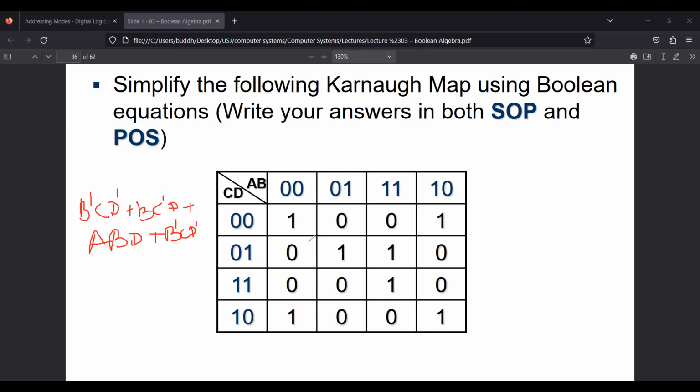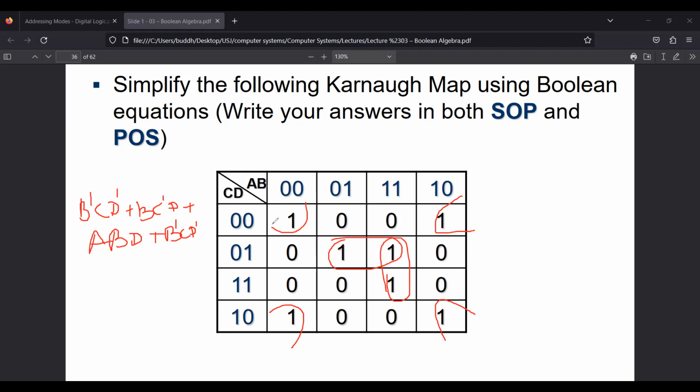Let's check if this one is correct. So as I mentioned, we can wrap these four into one group, right? And this one and this one. But we can wrap the corners.